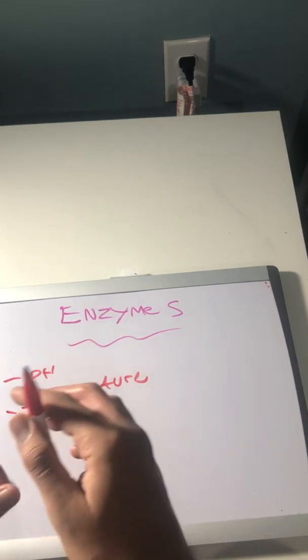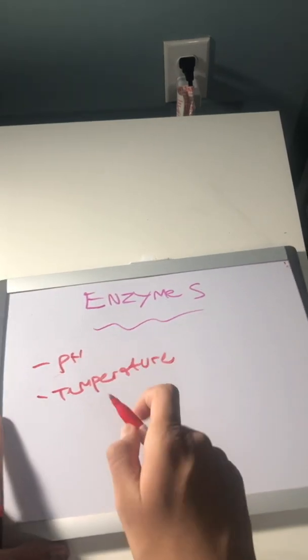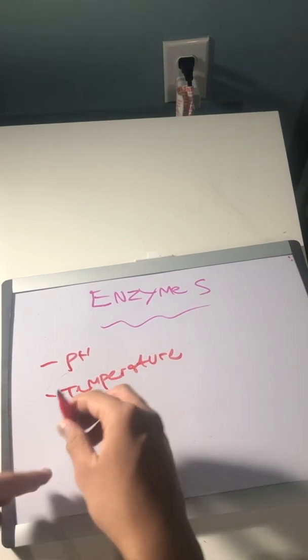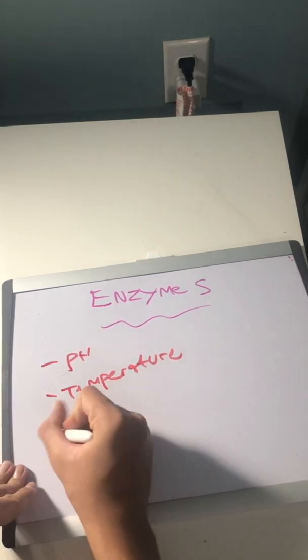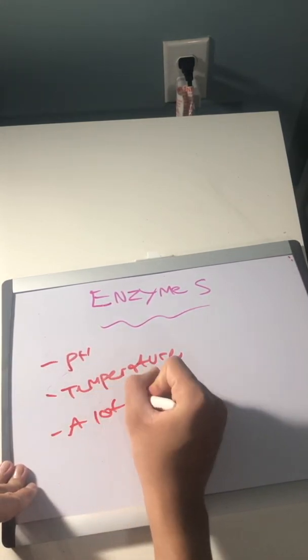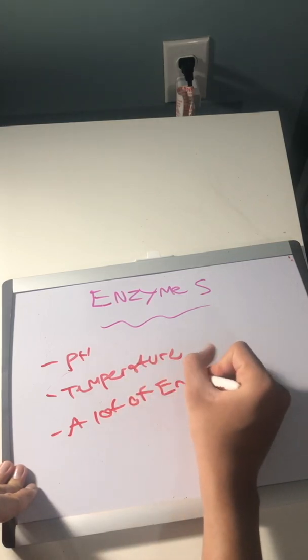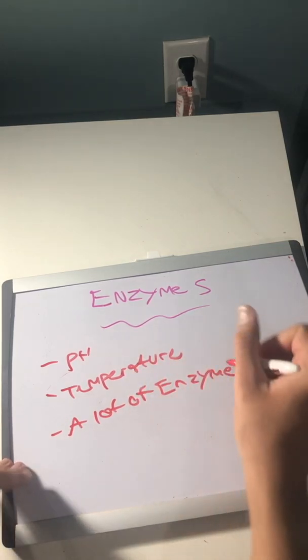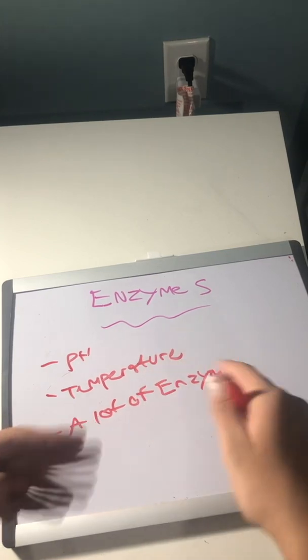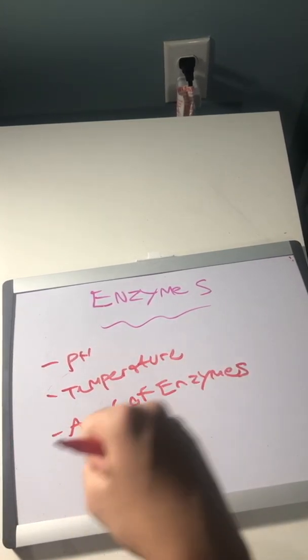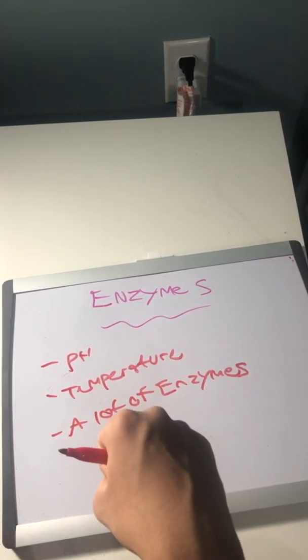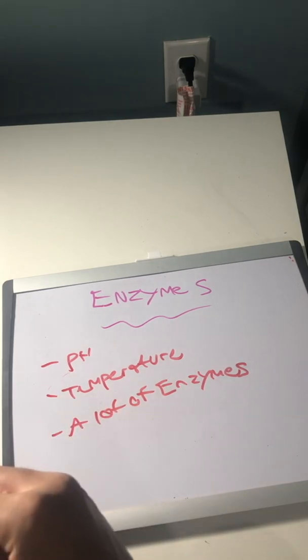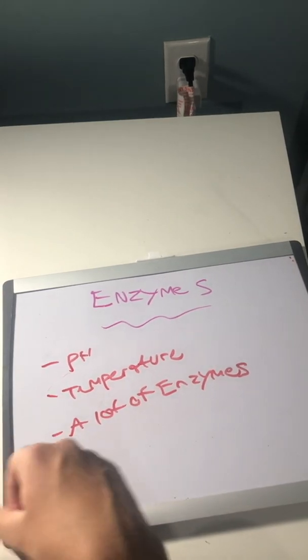Another big factor is if there are a lot of enzymes within an environment. They can catalyze a lot of reactions too. And if there are fewer, then they cannot catalyze as many reactions.